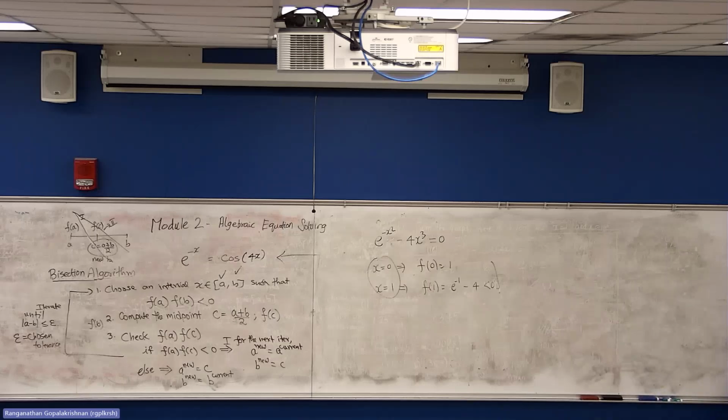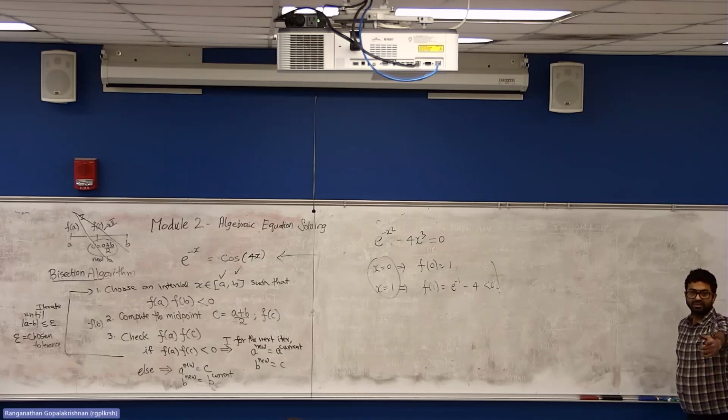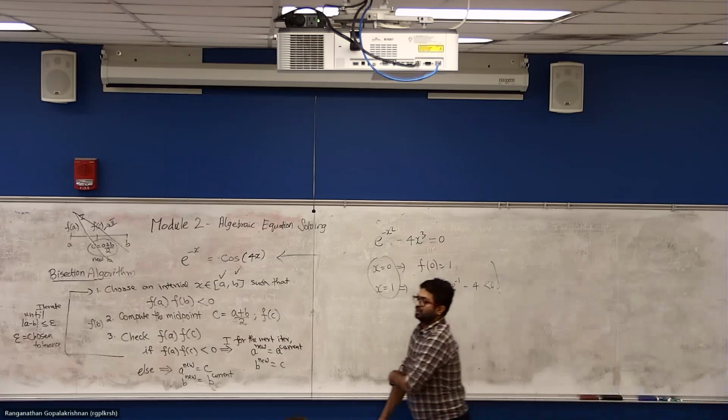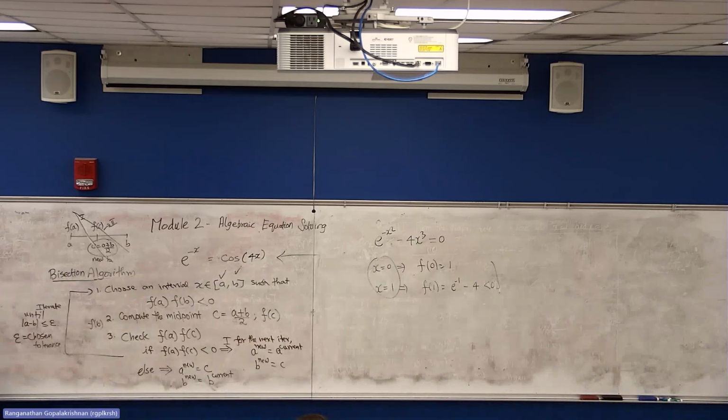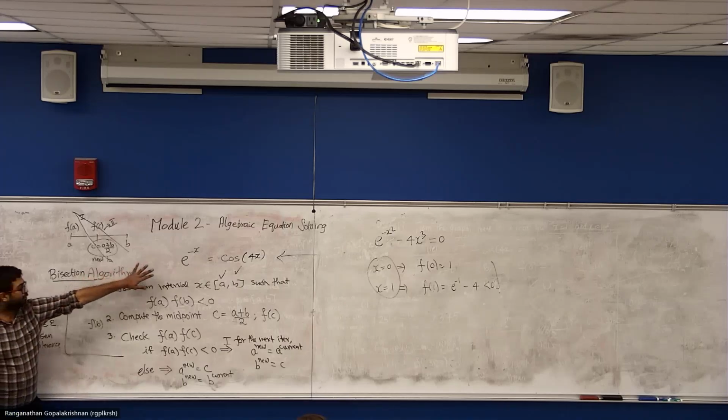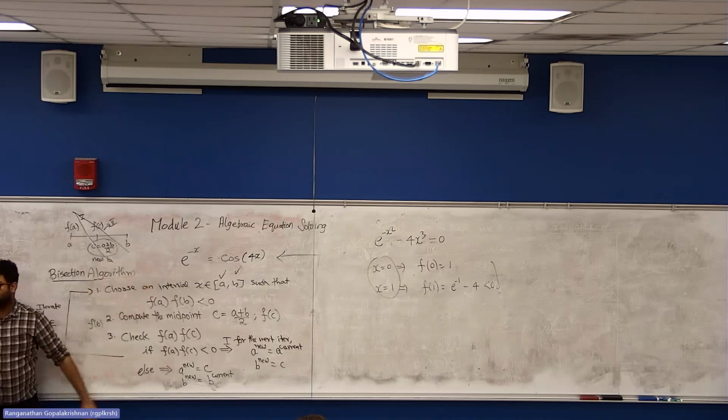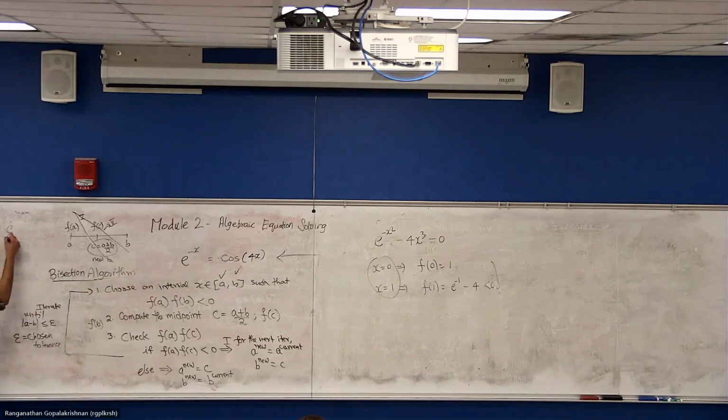Shall we do an example that you will do and then I'll cross check? Did you have a question? What do you mean by chosen tolerance? Let's say I ask you to get the root to this equation to within 0.001. That is, the A and B should differ no more than 0.001.